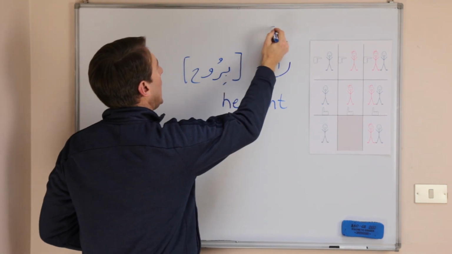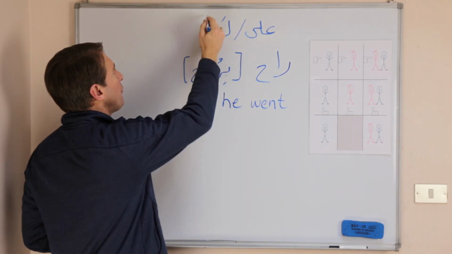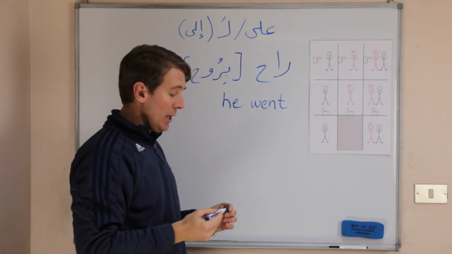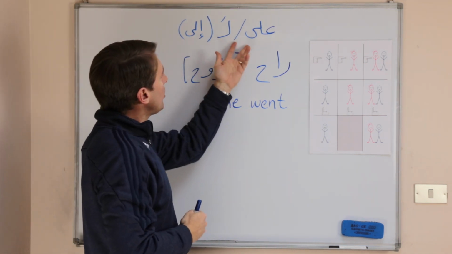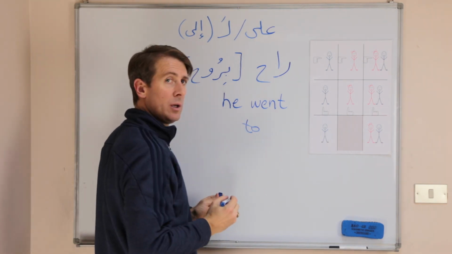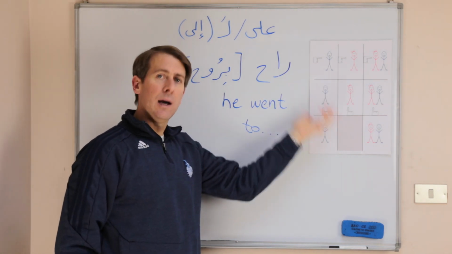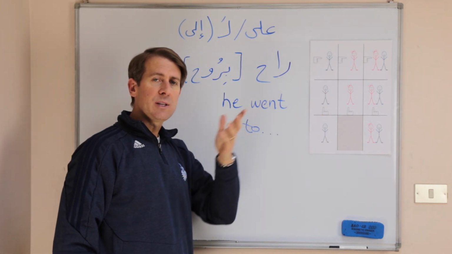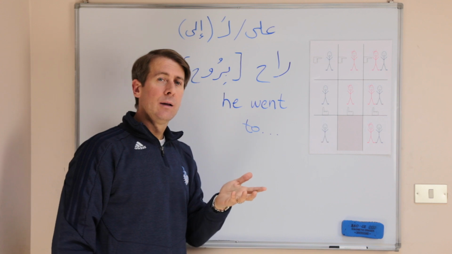We went ala, or la, which is a form of ila, which you can say in Ammiya. It's possible, but most people will say la. So if I want to say he went to, I would say raaH ala, or raaH la. Now you're going to say, well, that sounds like no, because no in Arabic is la.